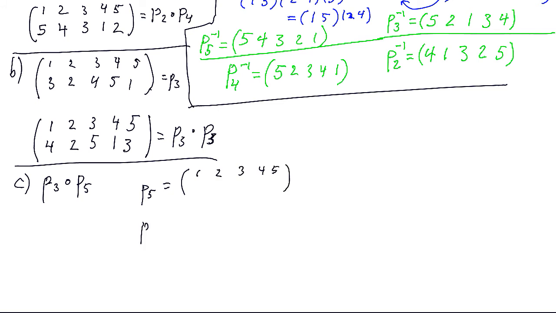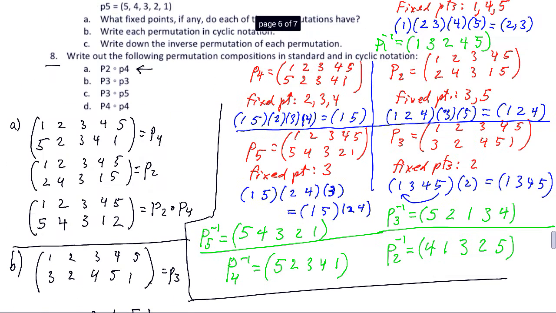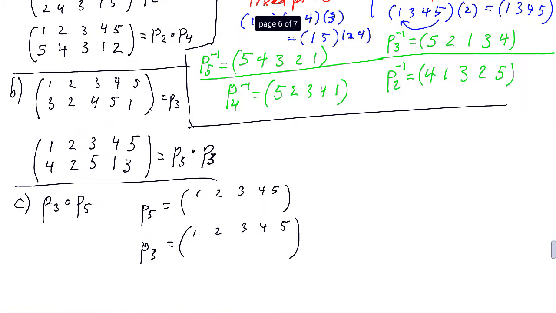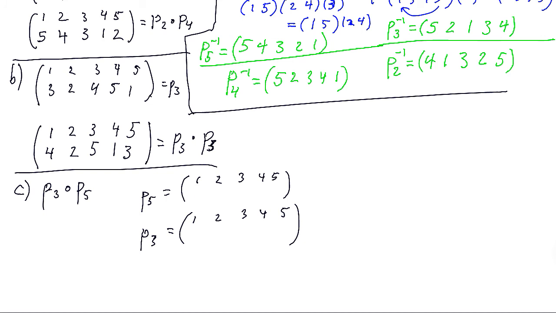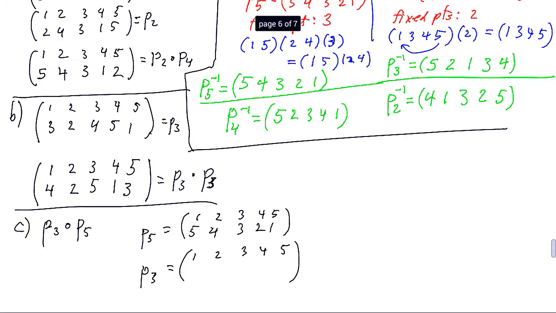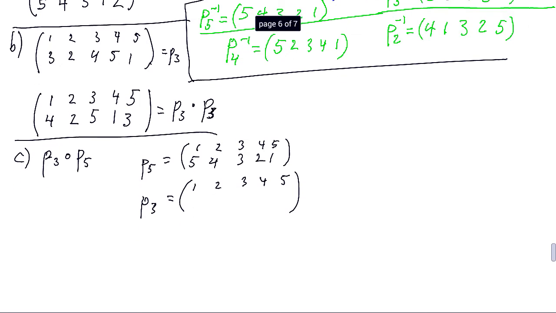And then I'm going to apply P3. P5 is 5, 4, 3, 2, 1. And P3 is this, I have it right here, 3, 2, 4, 5, 1.